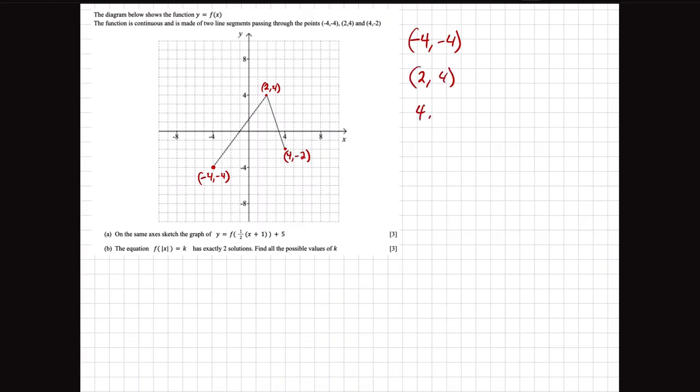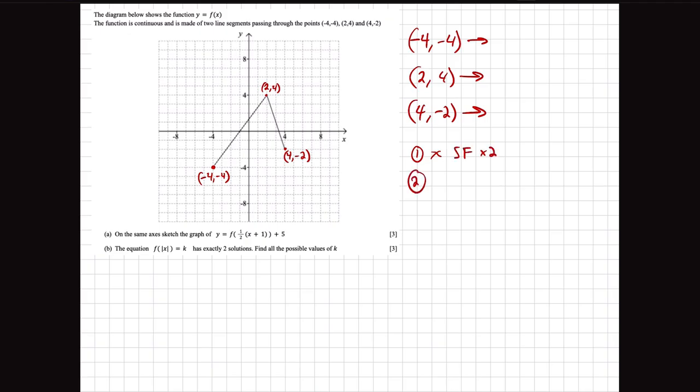So I have all of my endpoints here. First thing we're going to do is multiply our x by a scale factor of 2. So that's our first transformation, x multiplied by a scale factor of 2.